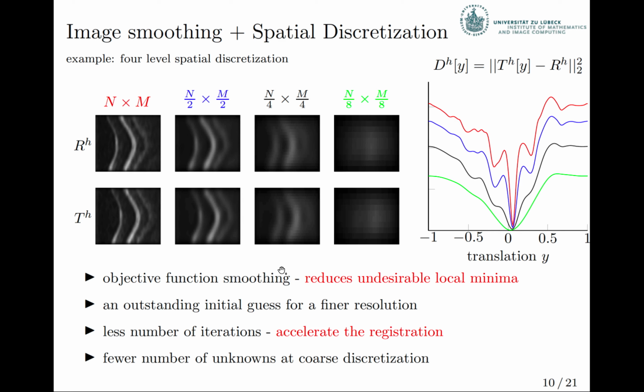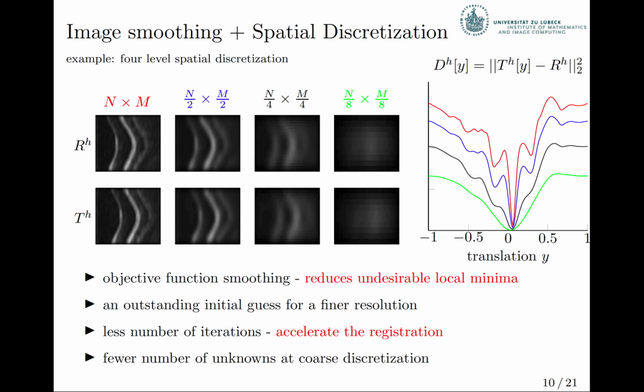As you observed here, because of the image smoothing, our objective function also gets smooth, and that reduces the undesirable local minima. And as you have also seen, we obtain a quite outstanding initial guess for the final resolution, and because of that we need a much smaller number of iterations, and that's the reason we have the acceleration in our registration scheme.